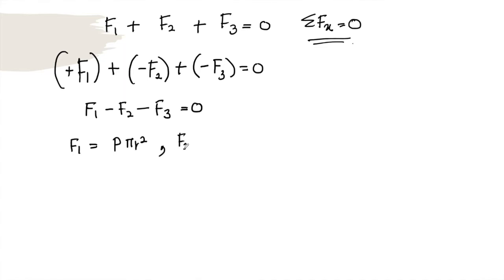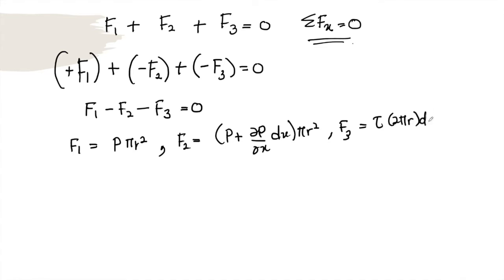For F2, we have P plus del P over del X dx, times pi R square. And the last one, F3 equals tau 2 pi R dx.